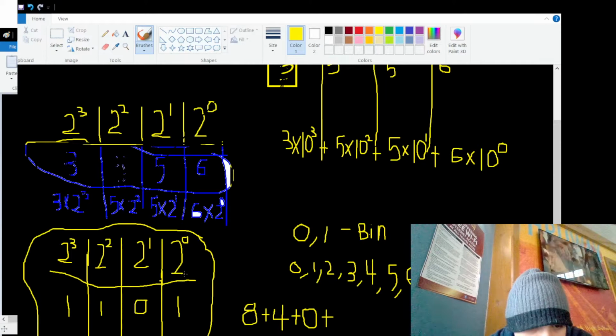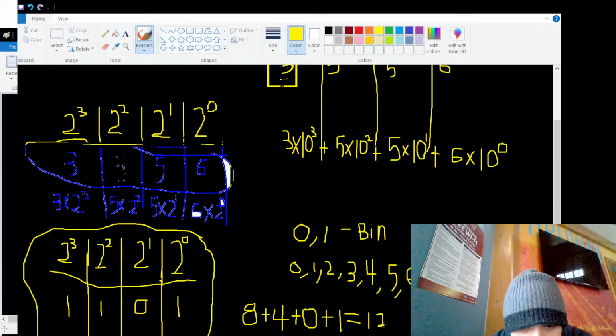And the last number, what is 2 to the 0 again? It's just 1. So 1 times 1 is 1. So this would be 13.